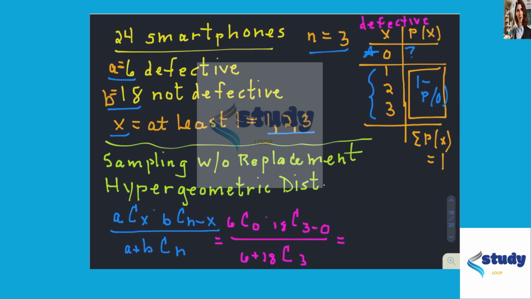If we clean that up a little bit, we would get 6 items taken 0 at a time, multiplied by 18 items taken 3 at a time, all over 24 items taken 3 at a time. And if we use our calculator, we're going to find that the probability of 0 defective phones to be 102 divided by 253.